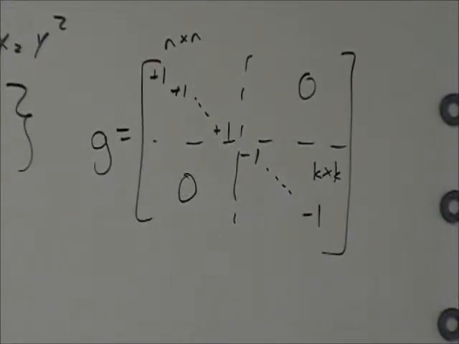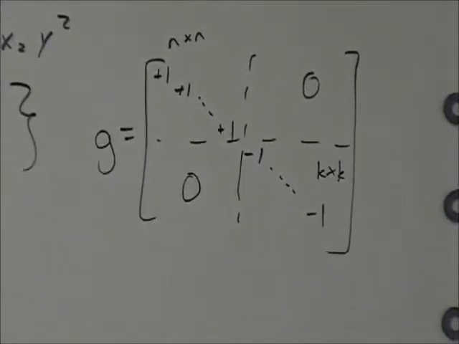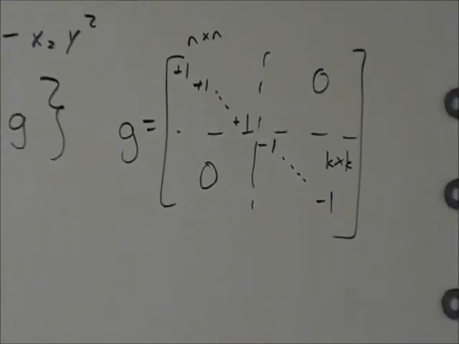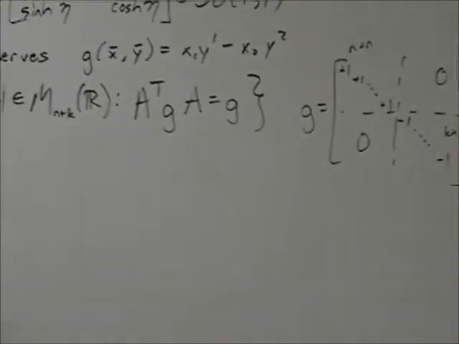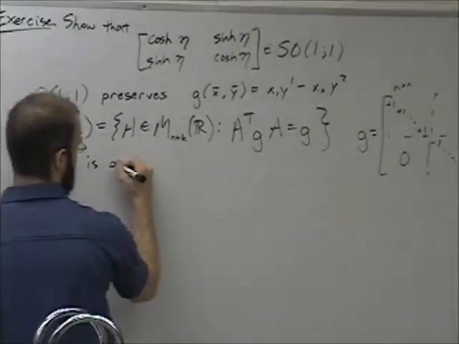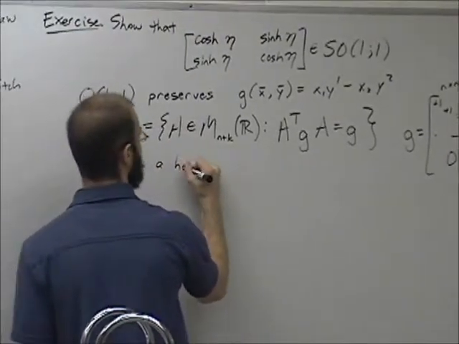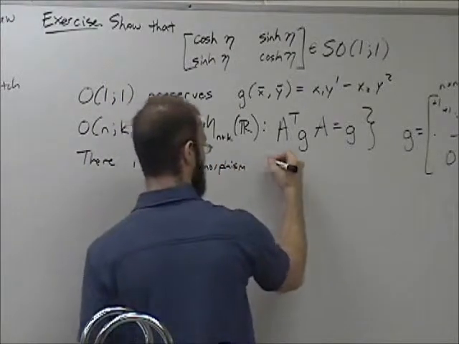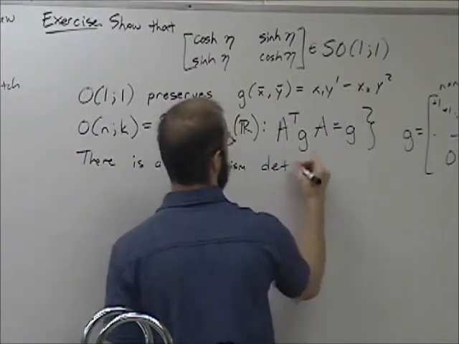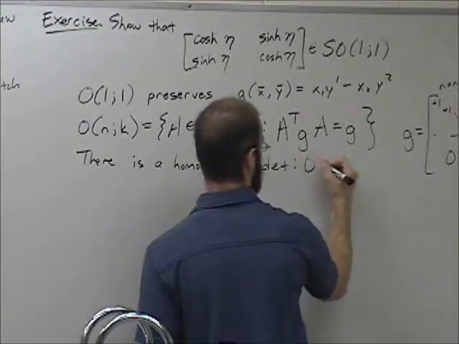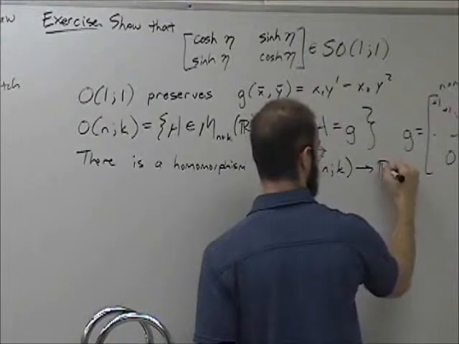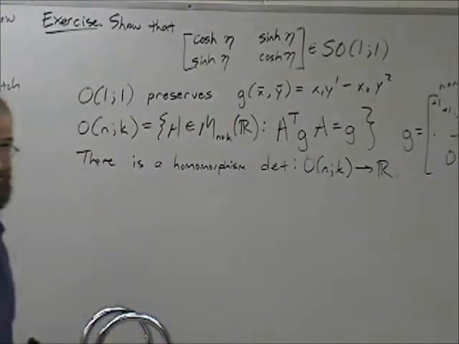And then let's do this in a short manner. There's a homomorphism called determinant from O(n,k) into the reals. It's just the determinant of the matrix.